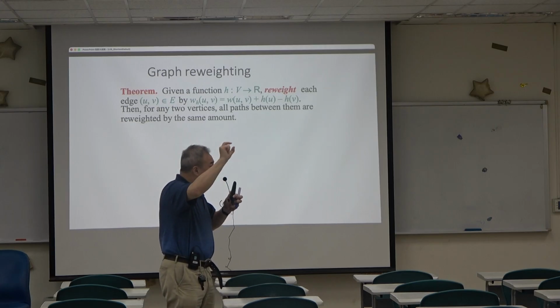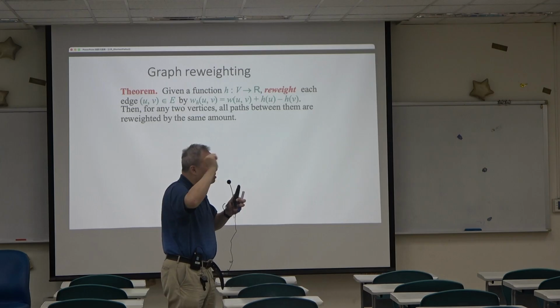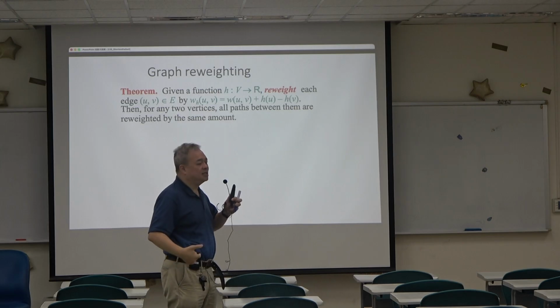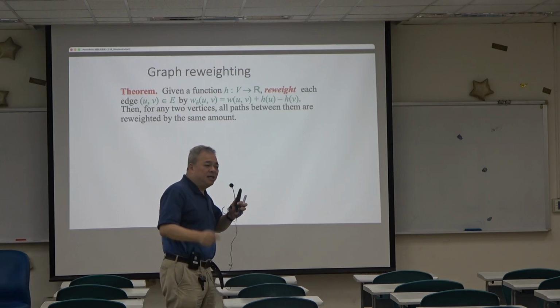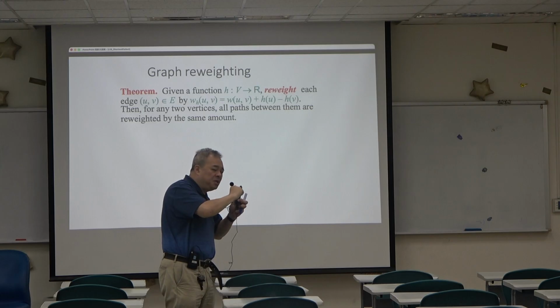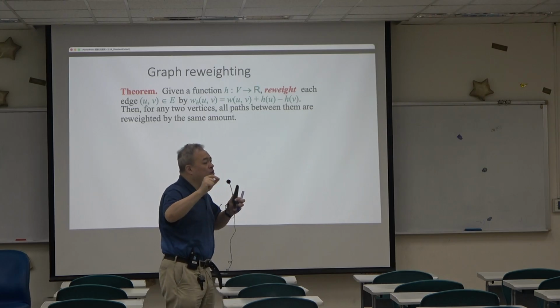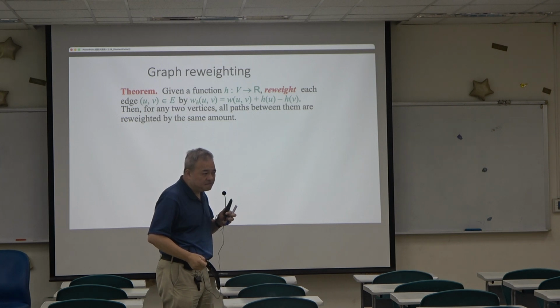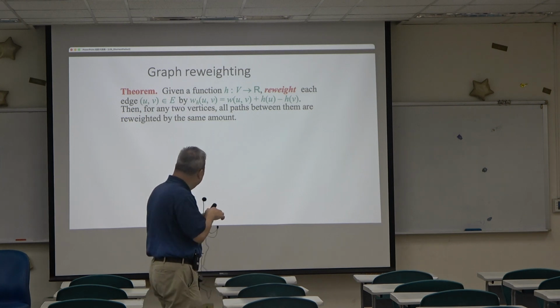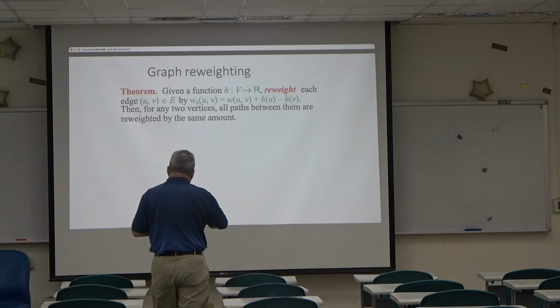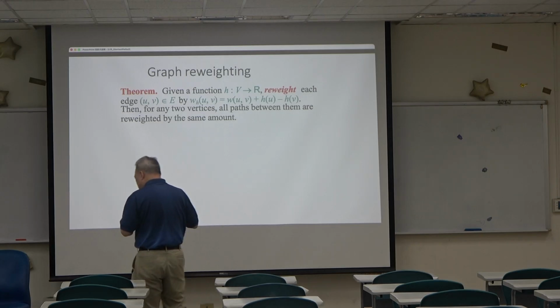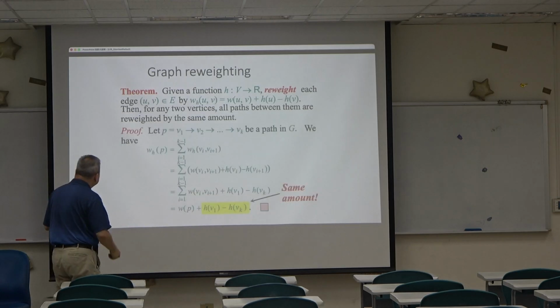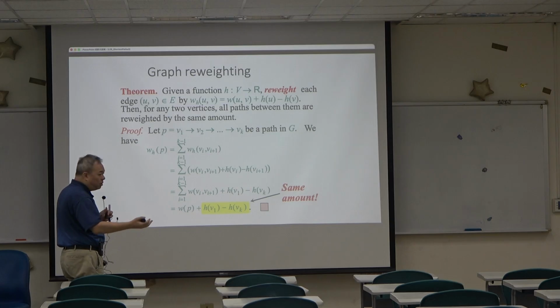But the amount of the change, the delta, will be the same for these 10 paths. If that's the case, then the previous shortest path will remain the shortest path after this reweighting, right? This is very important. And why?